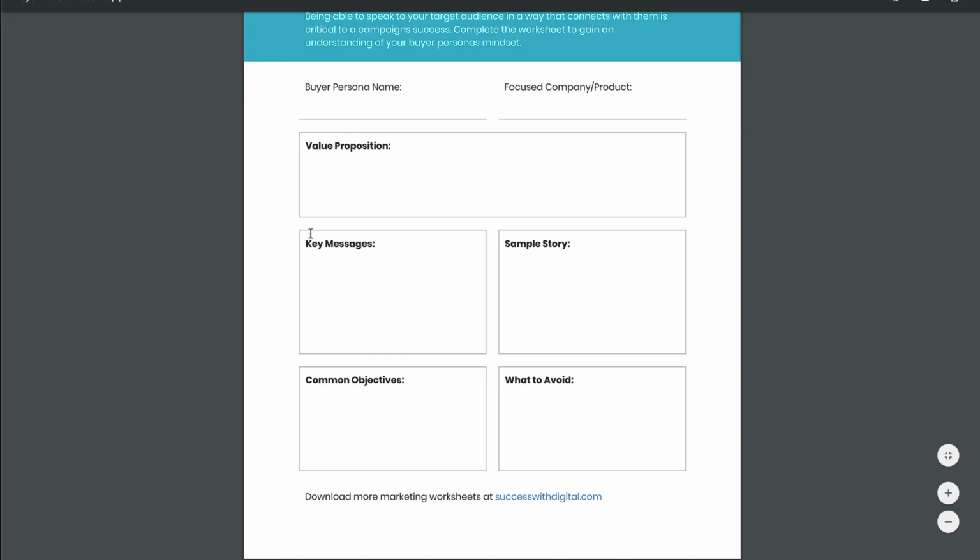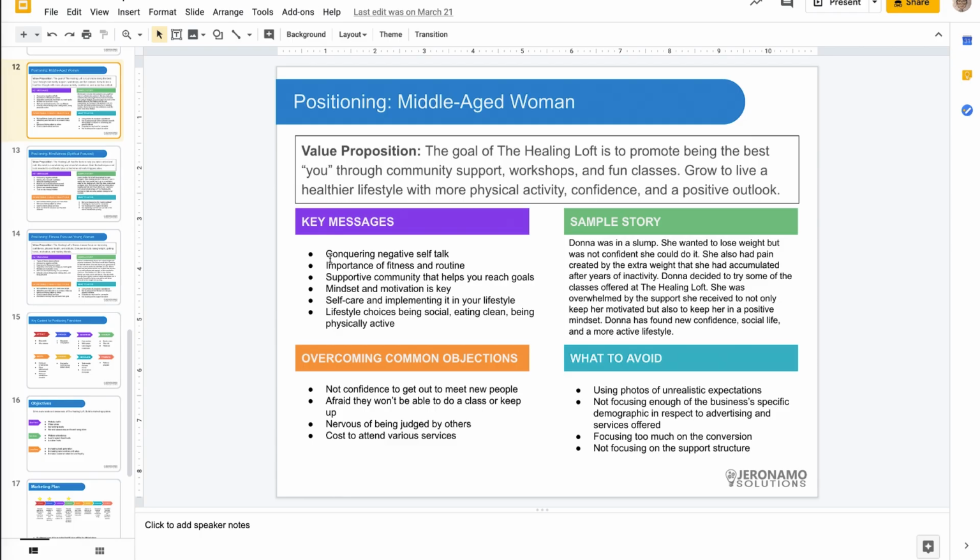So then you'll notice that the next section is key messaging. So these are the things that we know that we want to touch on with this particular buyer persona in order to really help them connect with us and also be able to move them down the sales process.